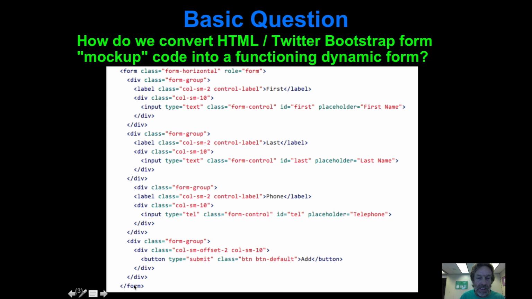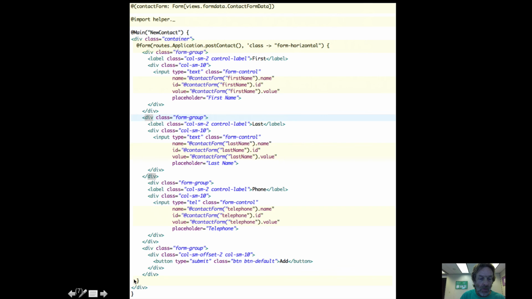We just replaced that line of code in our file with this closing brace that matches the opening brace up here. That's how Scala creates the open form tag element, puts all the HTML inside, and at the end expands out and puts the closing form element for you.